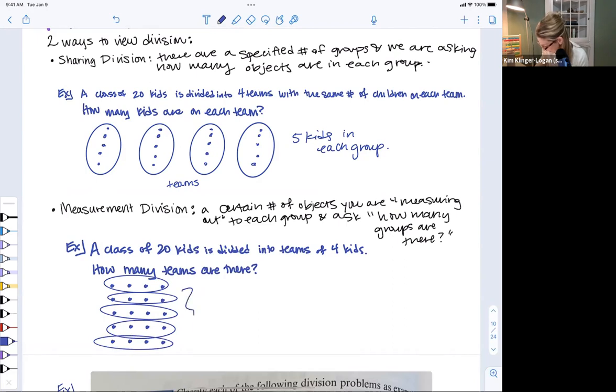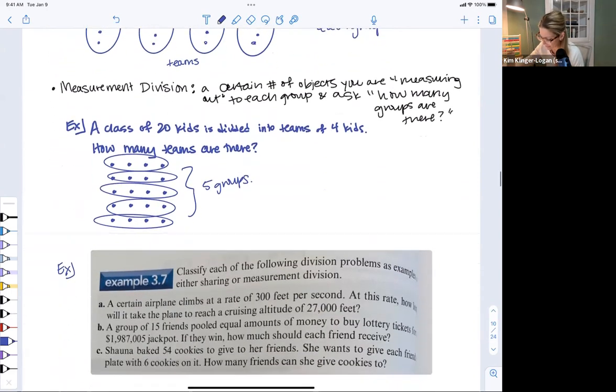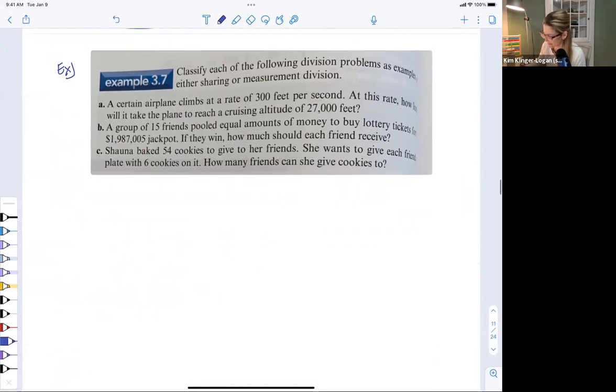When I do that, I see that I have 5 groups. So it's really the same division problem, but asked in 2 different ways. A couple more examples will help us understand the difference between measurement and sharing division.